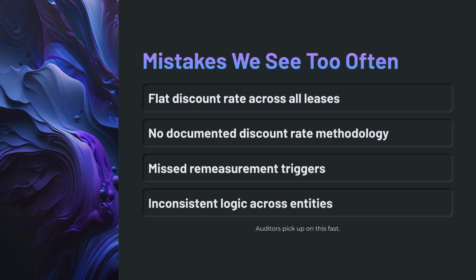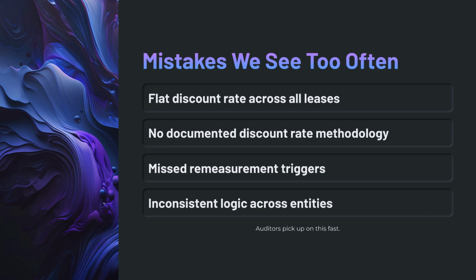When these changes aren't captured and remeasured, the lease liability and right-of-use asset drift out of sync with reality. The discount rate may need reassessing. The expense profile could be wrong, and by the time audit spots it, you're already on the back foot. This is why having a communication process, not just a system, is critical. Because lease decisions don't always flow through finance.